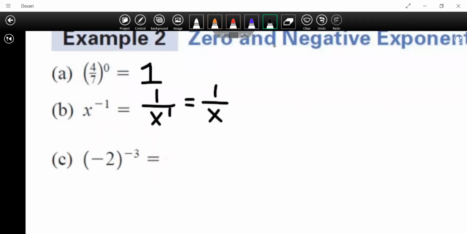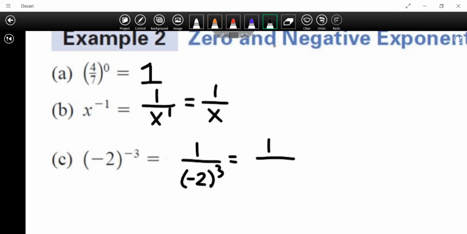Last one down below, we have another exponent that's raised to a negative value. So this is going to be 1 over -2 to the 3rd power. Multiplying these out, -2 times -2 times -2 gives me what?